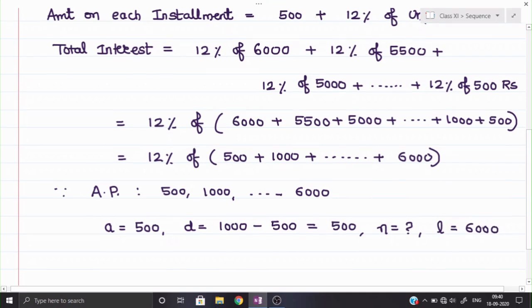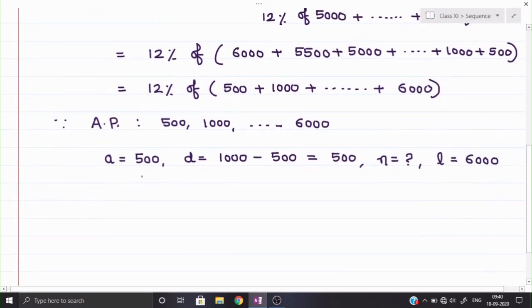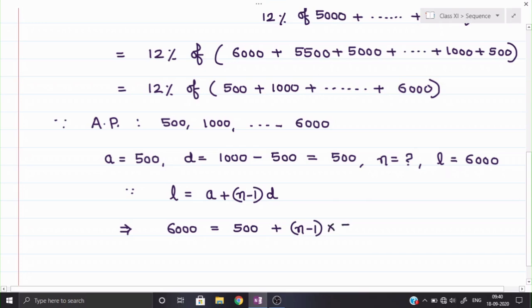So let us apply the formula of the last term. Since last term L is equal to A plus N minus 1 into D, L is equal to 6,000, which is equal to 500 plus N minus 1 into again 500.